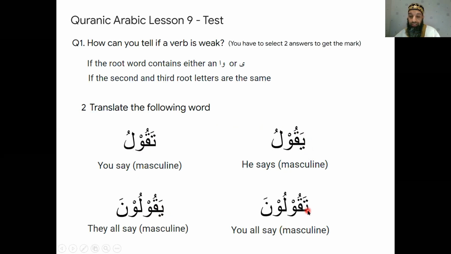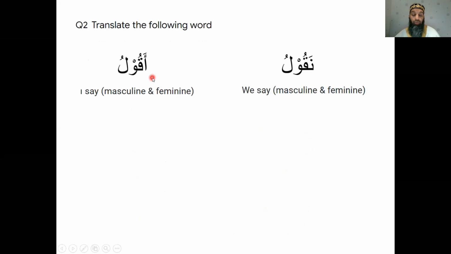The ta, most of the time, signifies second person. Ta for two, second person. And the ya is the other one, third person. Aqulu, I say, masculine and feminine. Naqulu, we say. Remember the na appears many times to signify we.